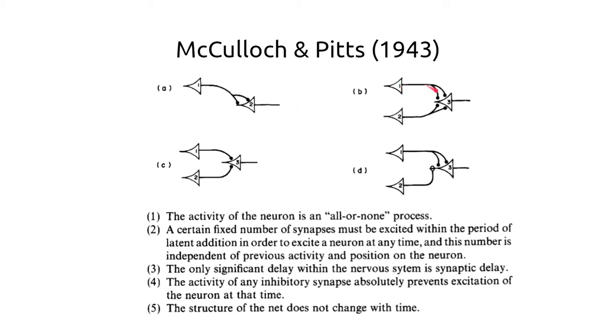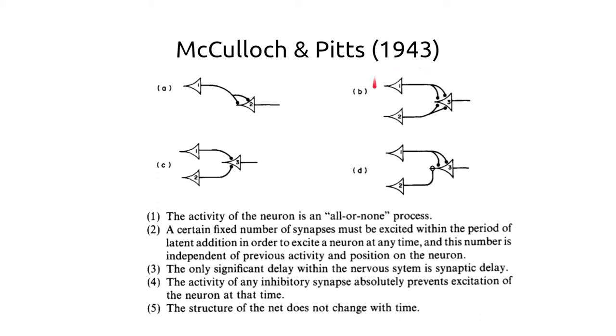Well, neuron 1 and neuron 3 are about the same as before, but now we've got neuron 2 connected to this neuron as well. So now neuron 3 will be active if either 1 or 2 is active. If I activate neuron 1, neuron 3 will be active. If I activate neuron 2, neuron 3 will be active. If I activate both, neuron 3 will be active.